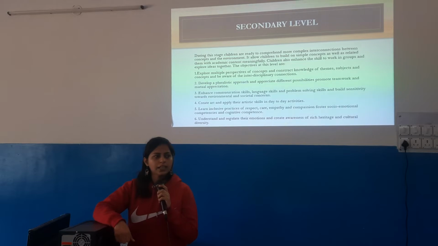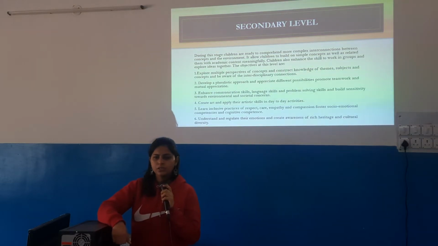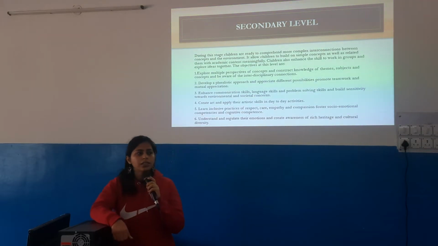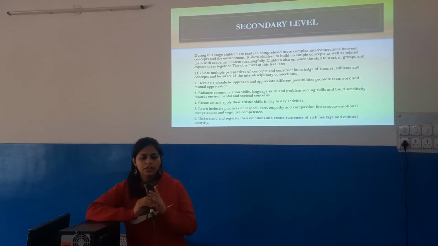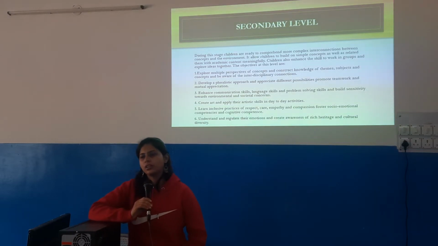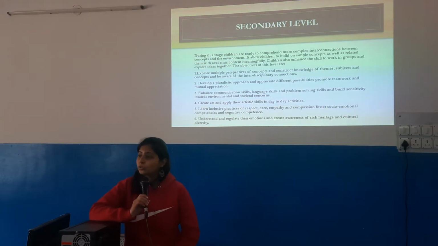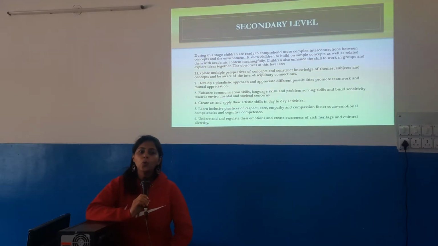Third, enhance communication skill, language and problem solving skill, and build sensitivity towards environment and social concern. Now this is very important at this level. When we talk about secondary level, it is very important that we develop this social responsibility among the students. So we will see a few examples of how we can develop it through art.